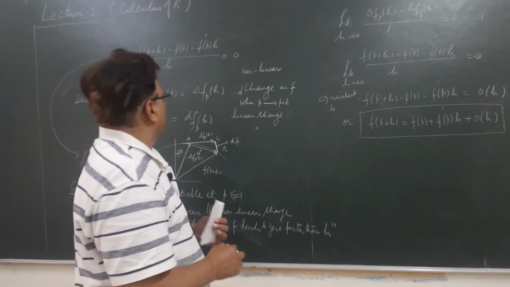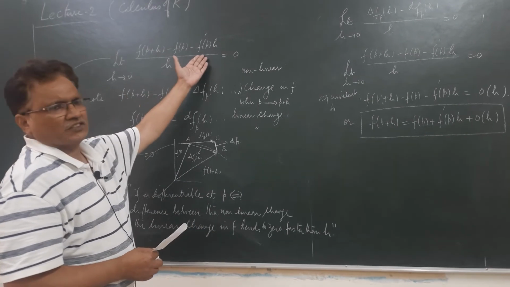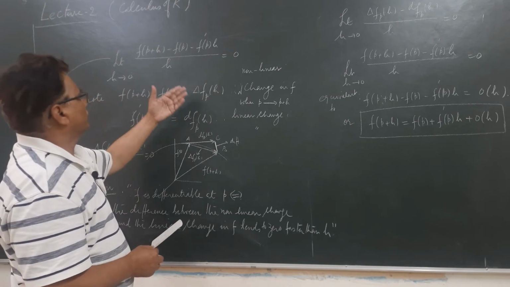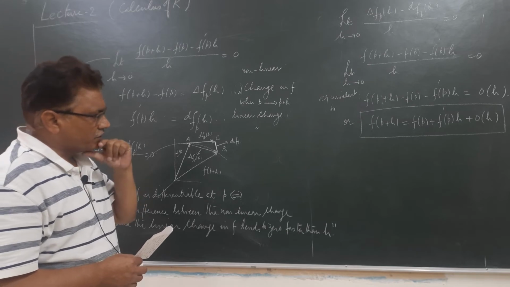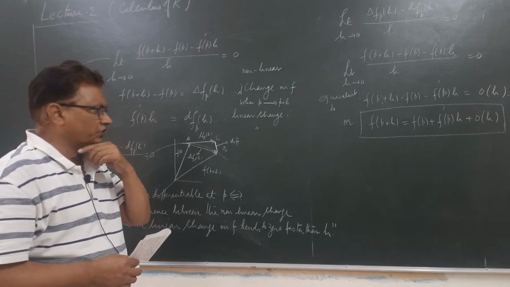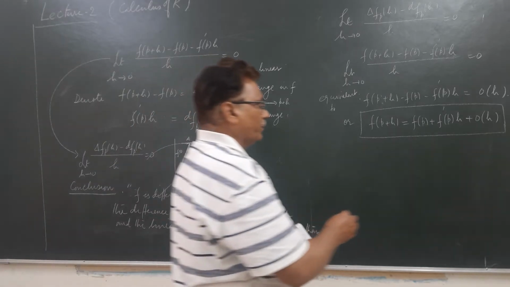Now this theorem 1, the existence of the linear map, which is unique and which we call the differential of f, gives rise to another function which is continuous. So this leads to the following theorem.